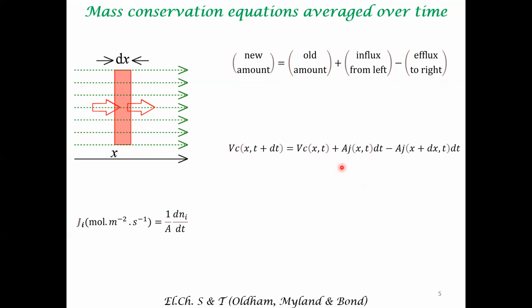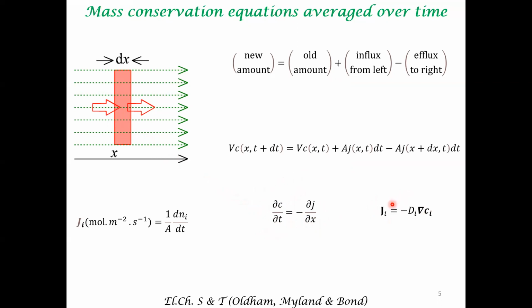Such a mass balance will give rise to what is called Fick's second law. So the concentration of the species changing with time can be correlated to this particular differential, the differential of the flux with respect to x.